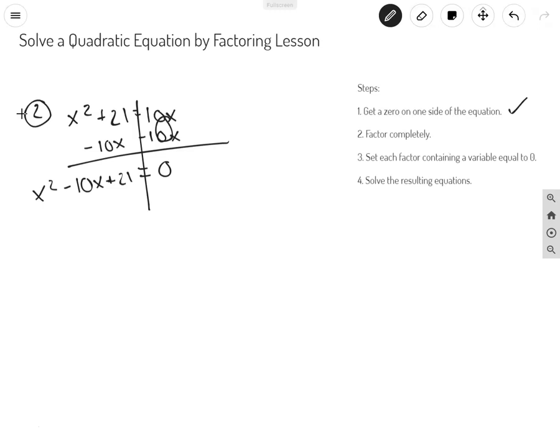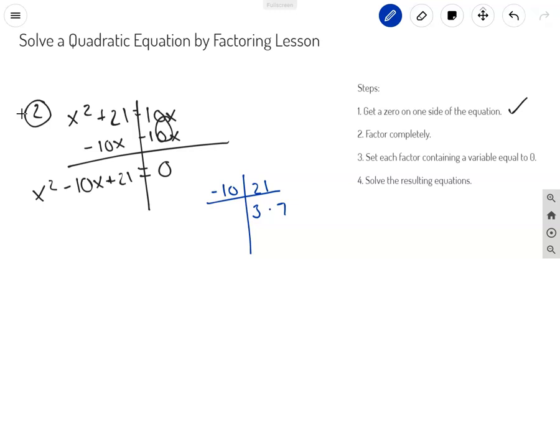Again, this is a trinomial, so I'm going to go ahead and make my t-chart over here. I have to think of something that adds to give me negative 10, but multiplies to give me 21. Off the bat, I'm thinking 3 times 7 is 21.